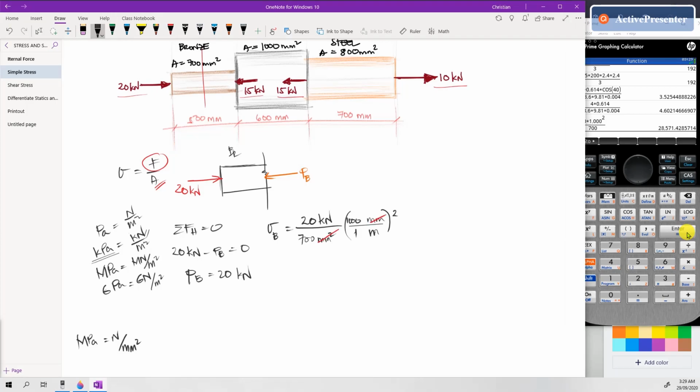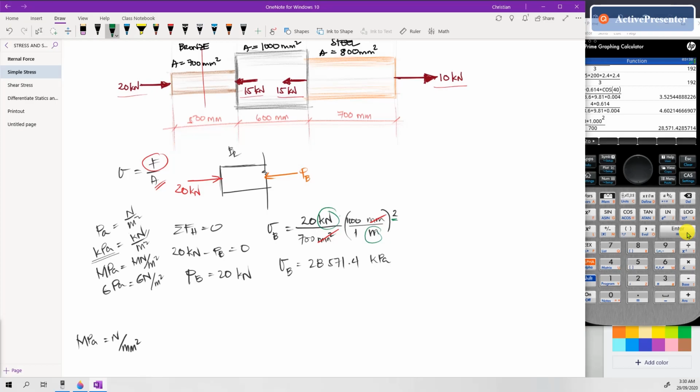Then, yung stress sa bronze is equal to 28,571.4. This is kilopascal. Okay? So, kilonewton per meter squared is kilopascal.